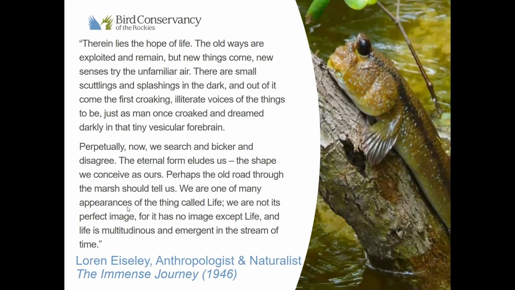Perpetually, now, we search and bicker and disagree. This eternal form eludes us, the shape we conceive as ours. Perhaps the old road through the marsh should tell us. We are one of many appearances of the thing called life. We are not its perfect image, for it has no image except life, and life is multitudinous and emergent in the stream of time.